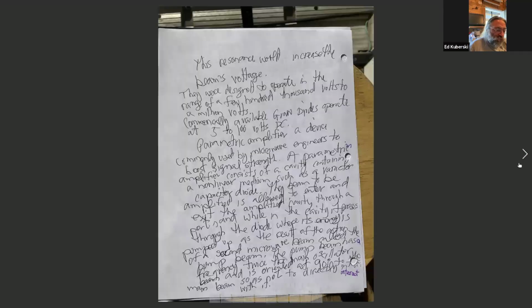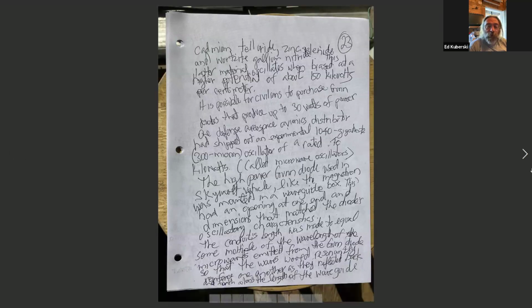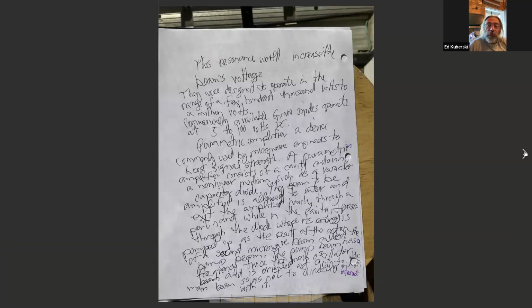So essentially, we're setting up a soliton, a standing wave that bounces back and forth. So the dimensions have to be very critically tuned to the frequencies that they're looking for. This resonance would increase the beam's voltage.